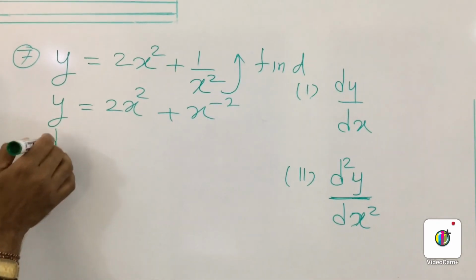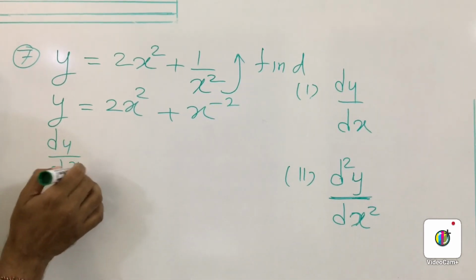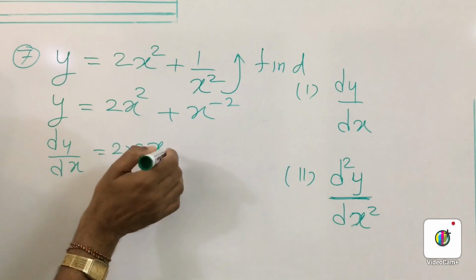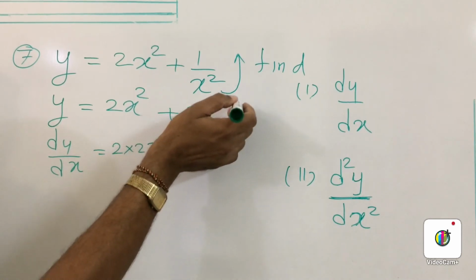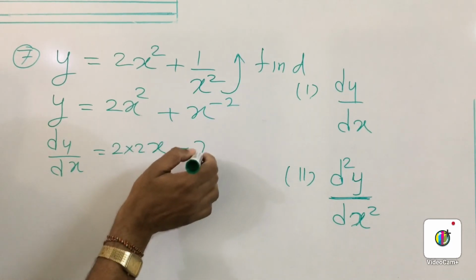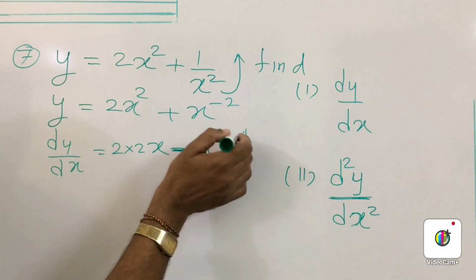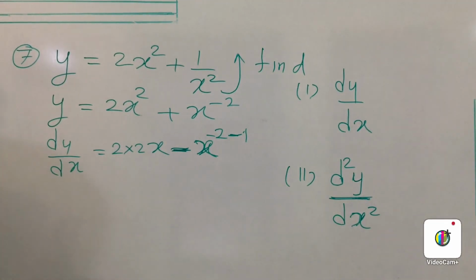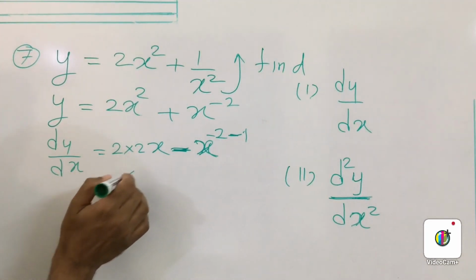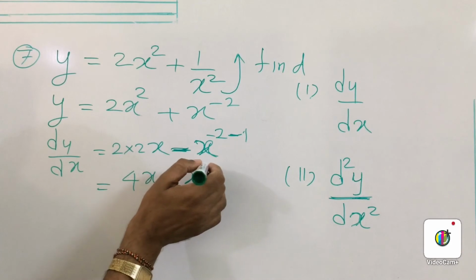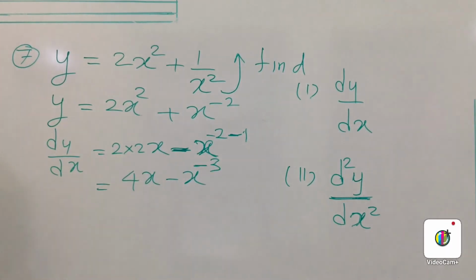Now you can differentiate, dy over dx equals 2 into 2x, and you should take this minus 2 here, therefore plus into minus is minus, x power minus 2 minus 1. Now you can write 2 into 2, 4x minus, x power minus 2 minus 1, you can write minus 3. This is the first derivative dy over dx.